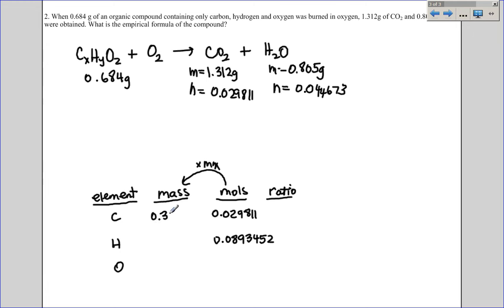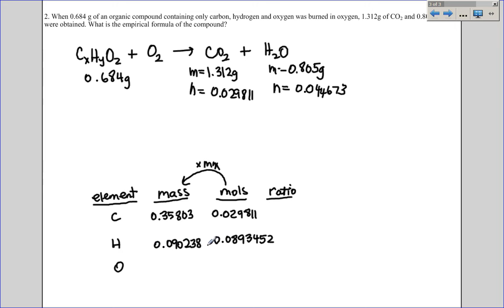And what I find here is that I have 0.35803 grams of carbon and 0.090238 grams of hydrogen.